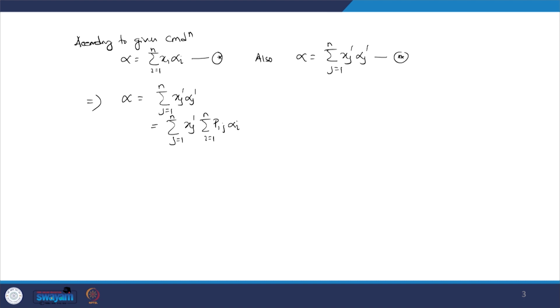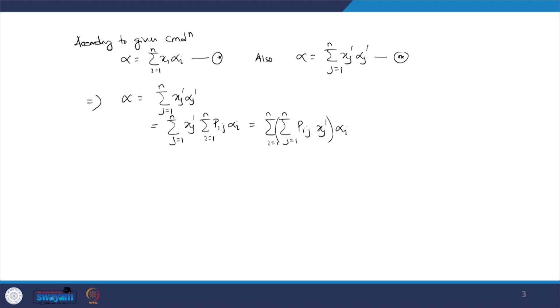Now, this is a finite sum, so I can exchange the order. I can rewrite this sum as sigma i equal to 1 to n and j equal to 1 to n of P i j and xj prime, this whole multiplied to alpha i.